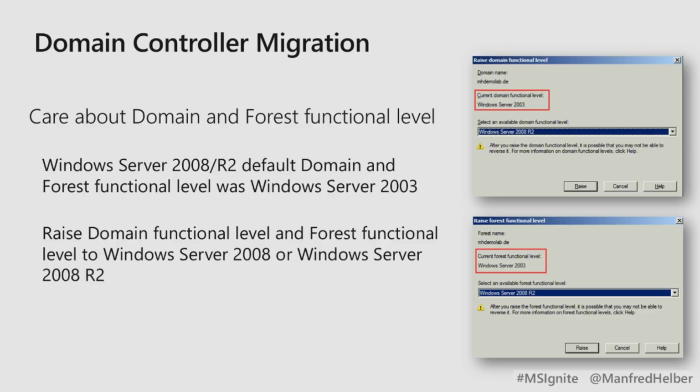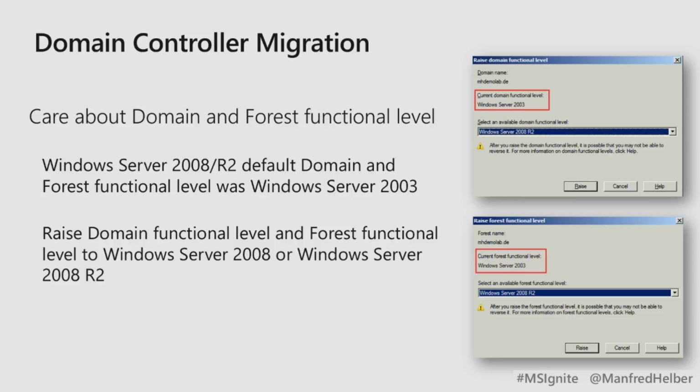And before we can add a Windows Server 2016 domain controller with a side-by-side deployment, with a migration, we have to upgrade this domain functional level and forest functional level. I think most of you know this, that we have the functional level, how to do this. But with this 2003 domain functional level, we have another important thing we have to change.